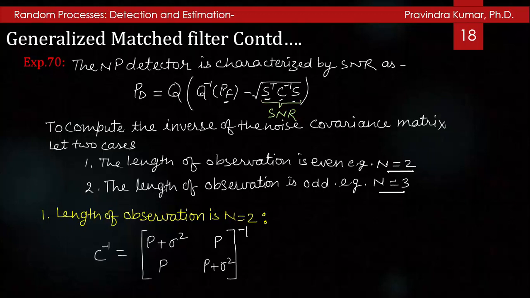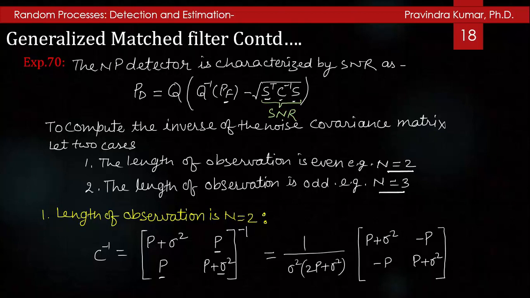In this case, the covariance matrix is P plus sigma square, P, P, P plus sigma square, and I can write its inverse as 1 by sigma square times 2P plus sigma square, times the matrix P plus sigma square, minus P, minus P, P plus sigma square. So this is the inverse covariance matrix.